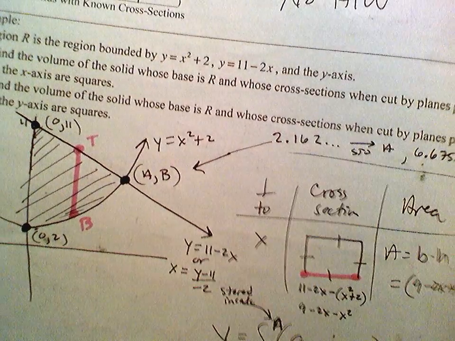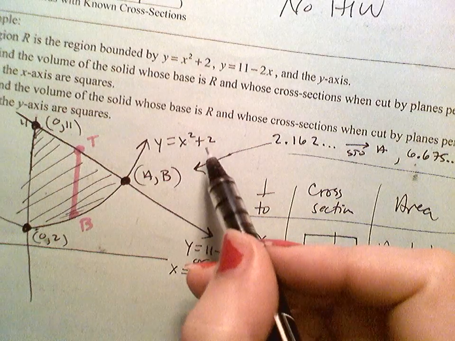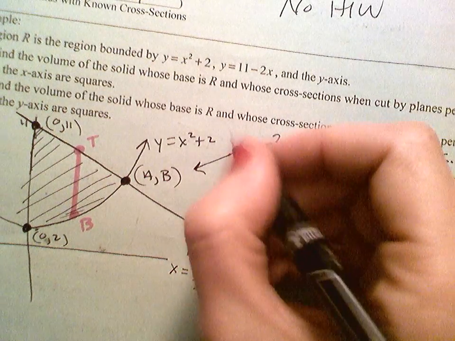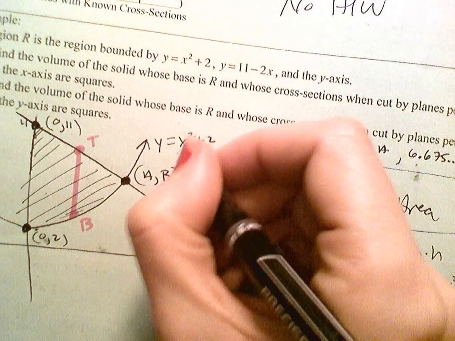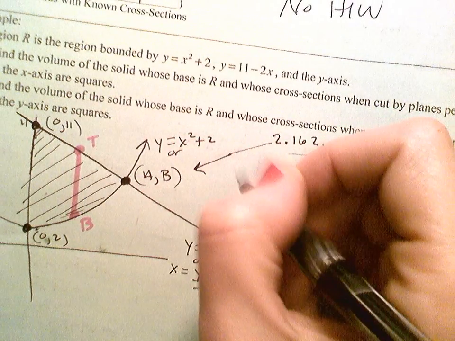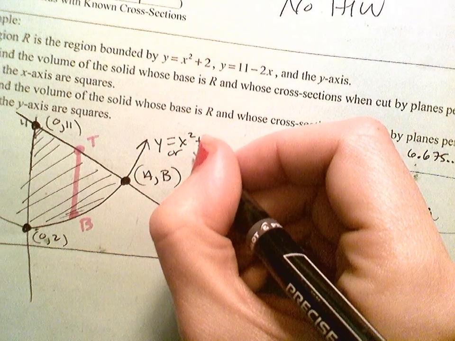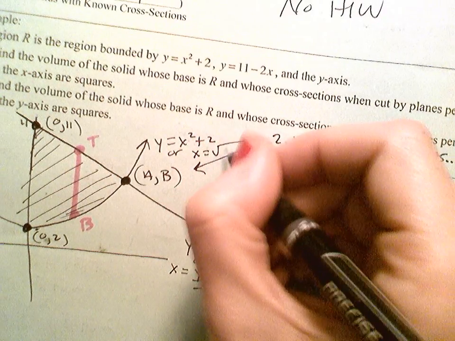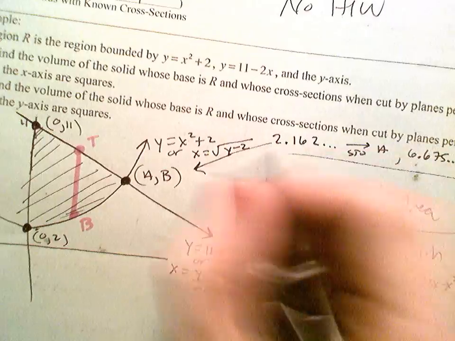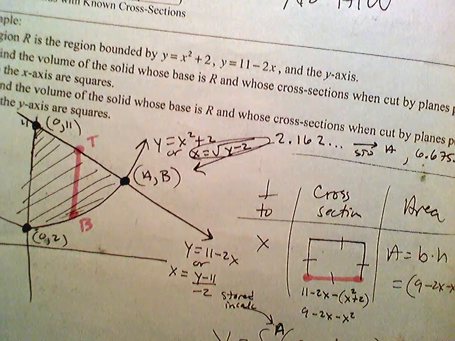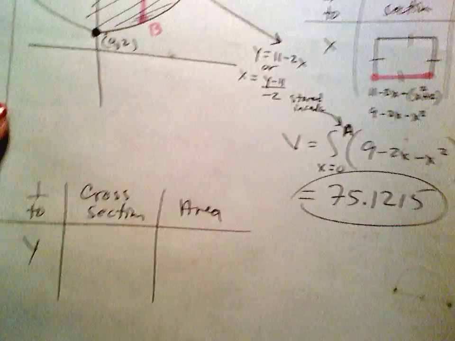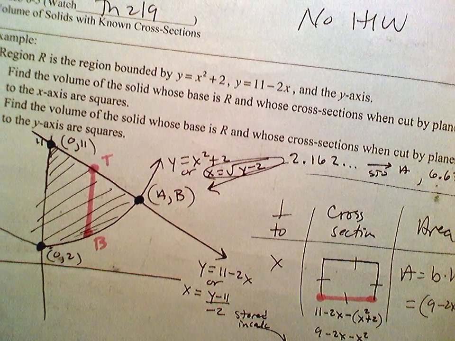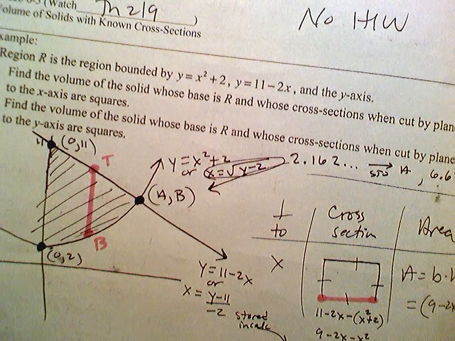And up here, I'm going to subtract 2, and then take the square root, so x equals the square root of y minus 2. So my cross sections now are going to be perpendicular to the y-axis.